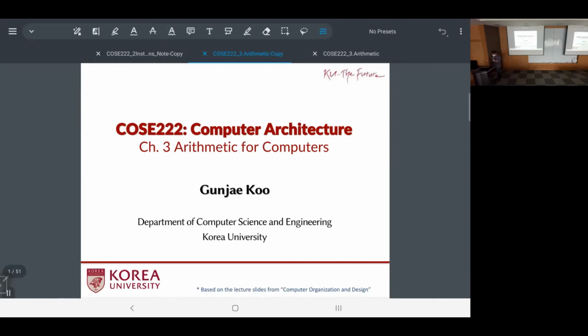In chapter 2, we learned about the instruction set architecture, which is the interface between software and hardware. In the instruction set architecture, instructions are defined, and the result of each instruction is also defined. Then hardware engineers need to build processors that support these instructions.